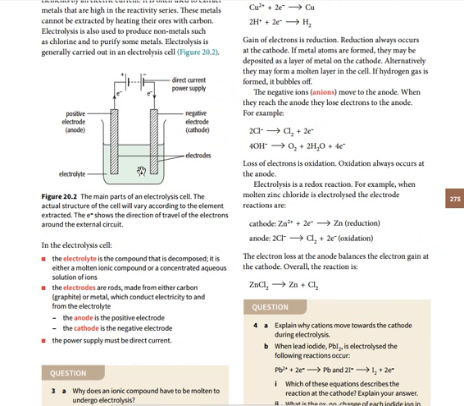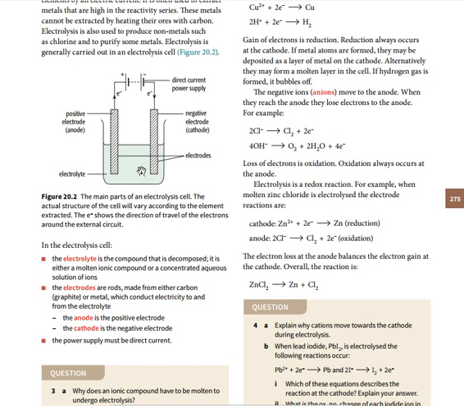When you want to solve an equation involving electrolysis, the first point is to identify the ions present in the electrolyte. For example, I've given you a solution of aqueous hydrochloric acid.